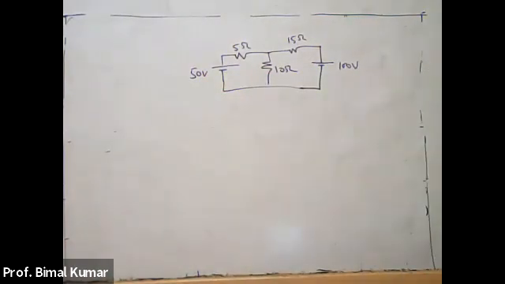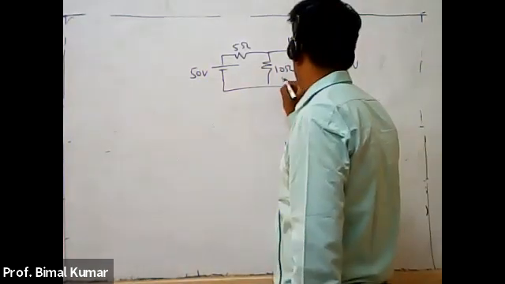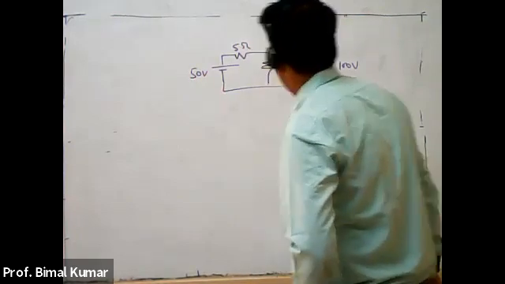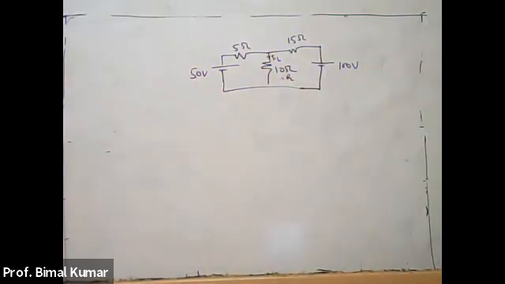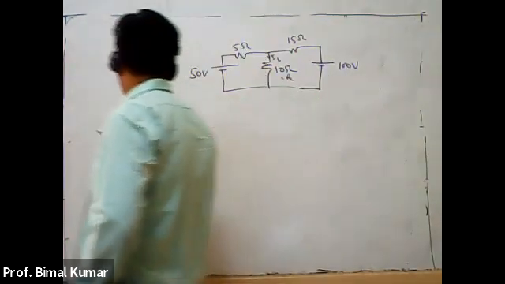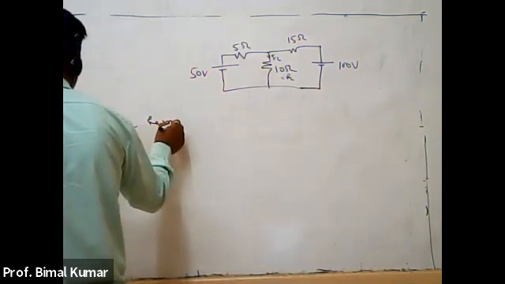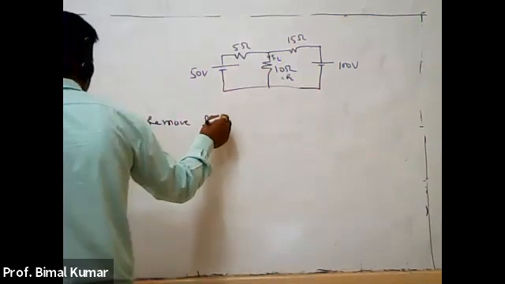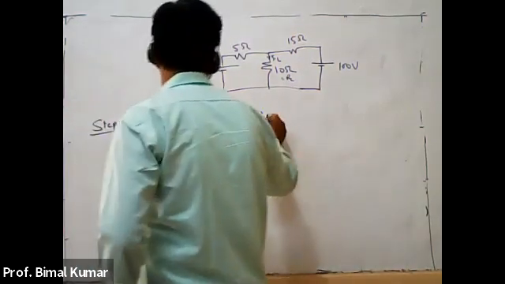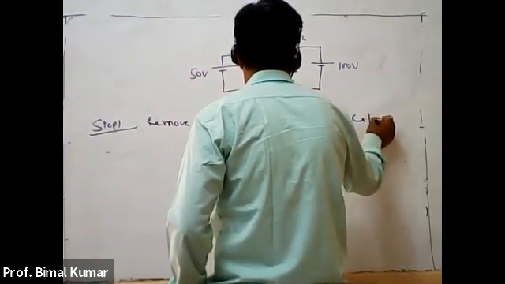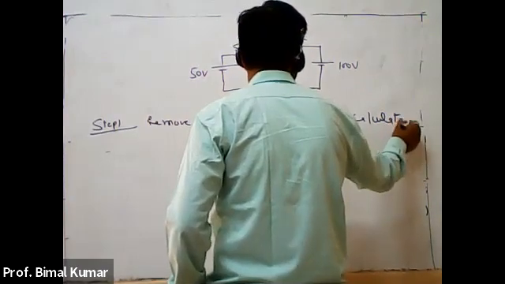So in this network, where this is your RL, calculate the current IL in the load resistance of 10 ohm by using Norton theorem, right? So again, step 1 is to remove the load resistance and calculate Rn.